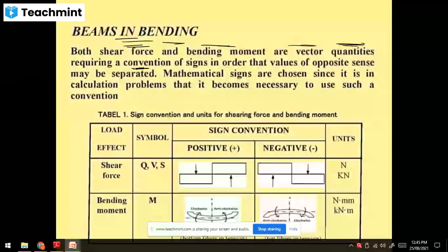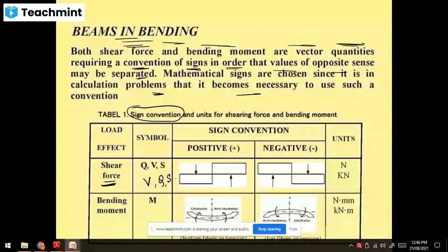So mathematical signs have to be considered for calculation of values, and it becomes necessary to use a sign convention. The symbol for shear force is V, and Q or S may also be used.